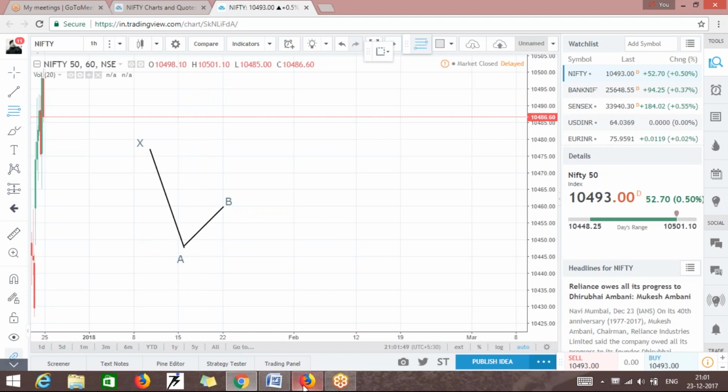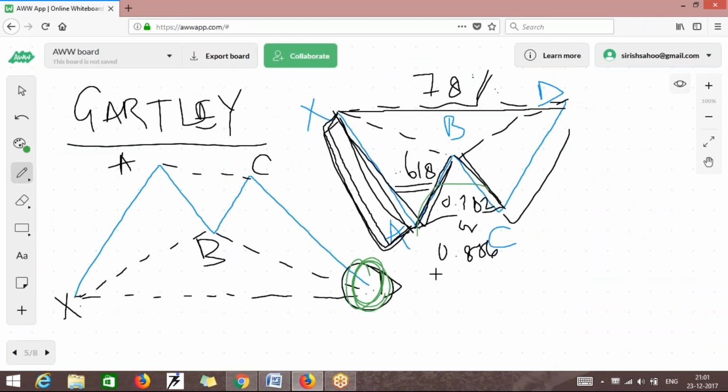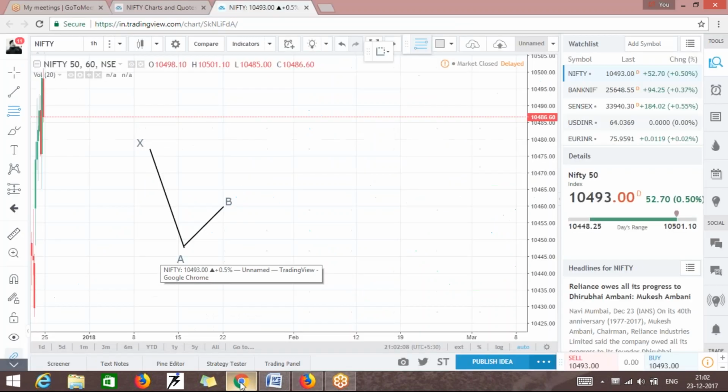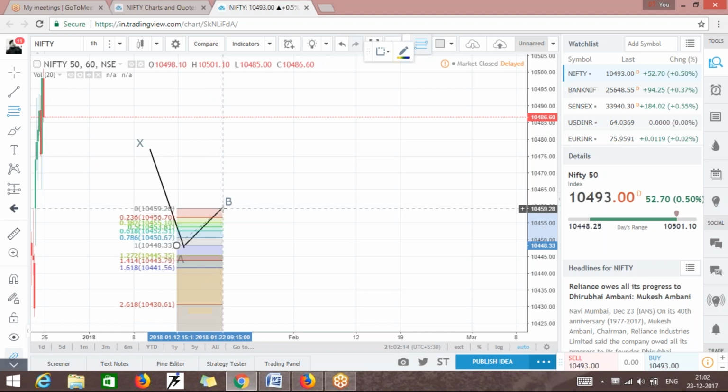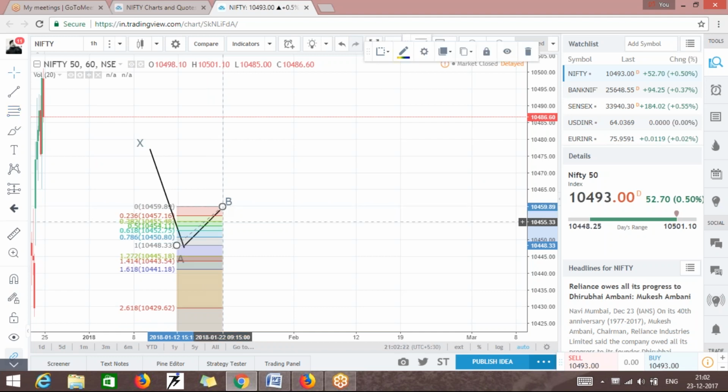One mistake here, please focus on this. This would be a retracement of AB. Sorry, my mistake. I said this should be of XA, but it should be a retracement of A and B. So we will get a level of around 0.382 if we take it at this level, or in between, that is 0.886.